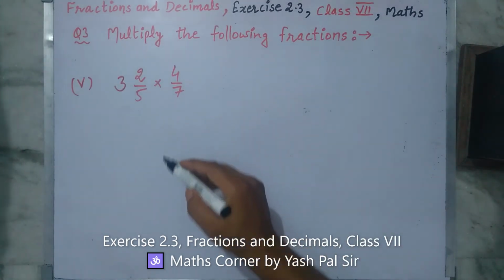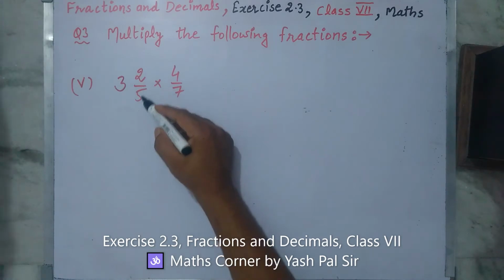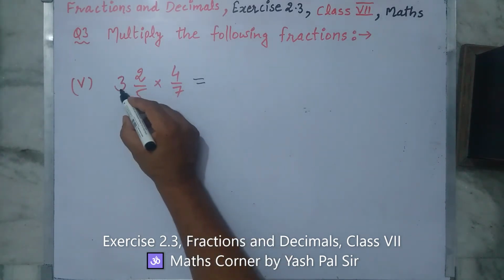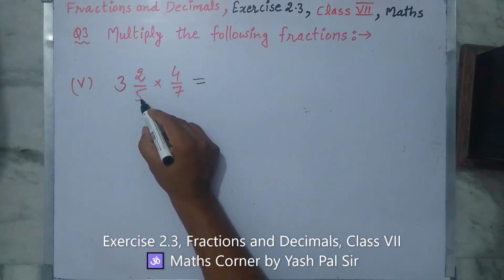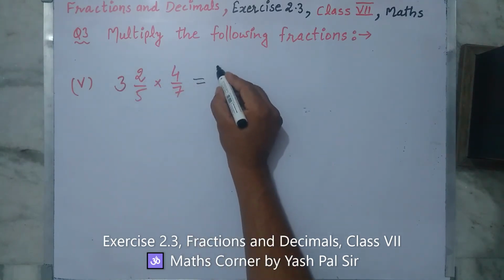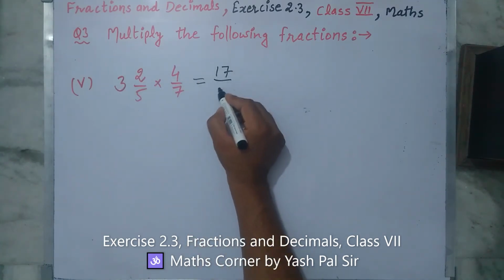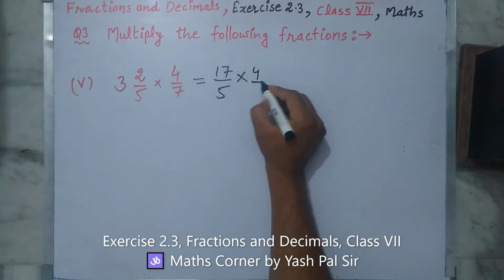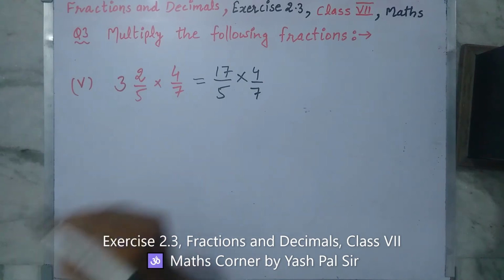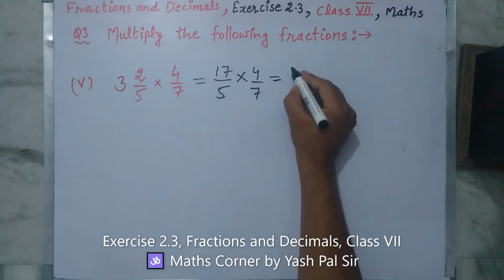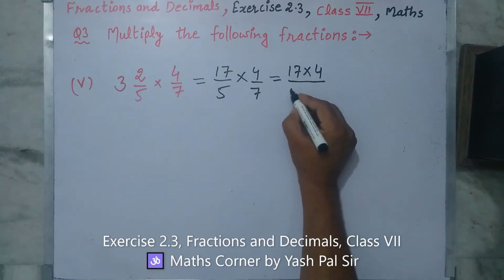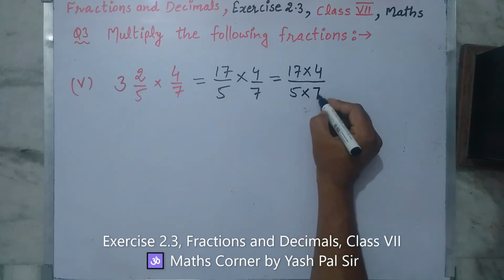Our next part, 3 and 2 upon 5 into 4 by 7. This means 3 into 5, 15. 15 plus 2, 17 upon 5 into this whole 4 upon 7. So now what do we do? 17 multiplied by 4 divided by 5 multiplied by 7.